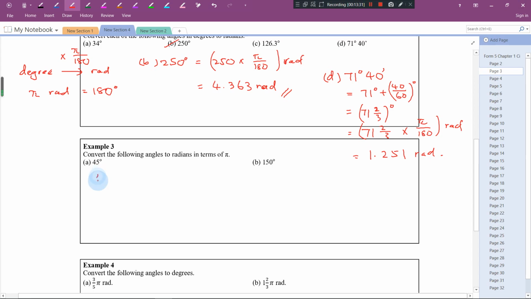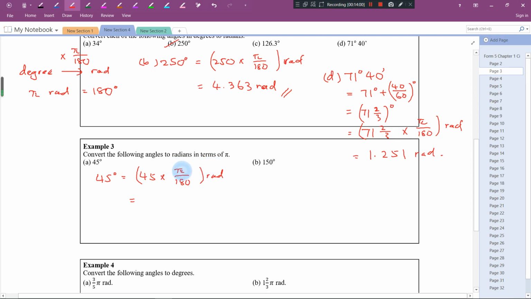So how do we convert? 45 degree is equal to 45. Degree to radian, number become smaller, so you have to times pi over 180. Now, since the question asks us to leave our answer in terms of pi, it means that we don't want to key in this pi.